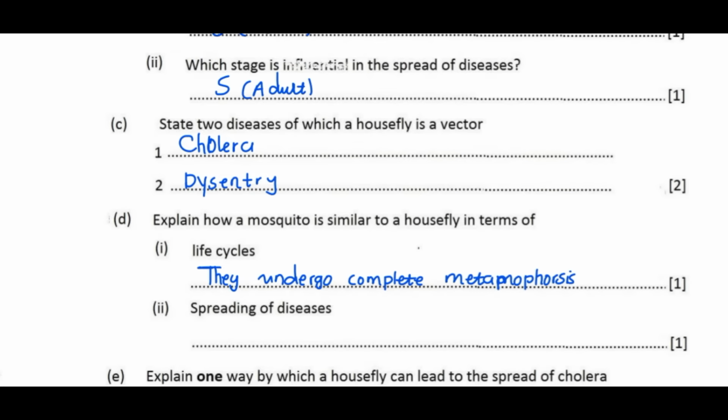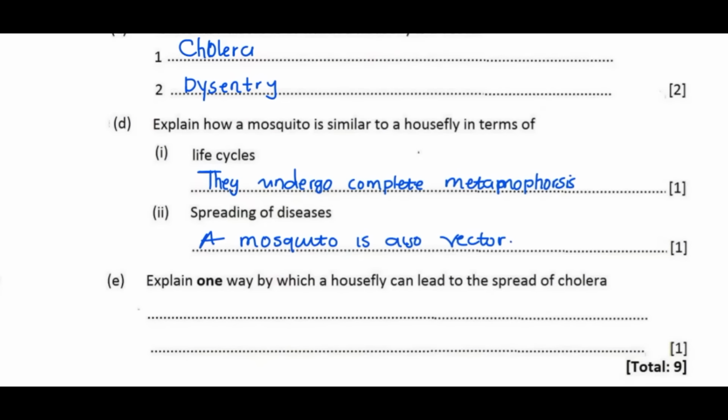Then Roman number 2, spreading of diseases. So we say a mosquito is also a vector, meaning it has the ability to transport or transmit some pathogen.